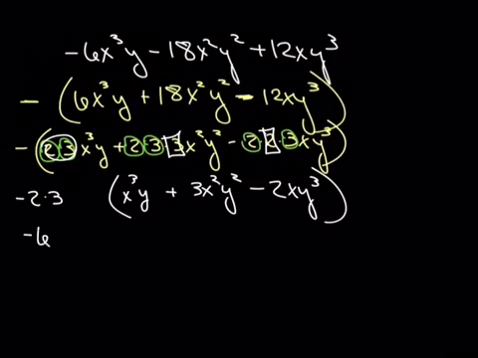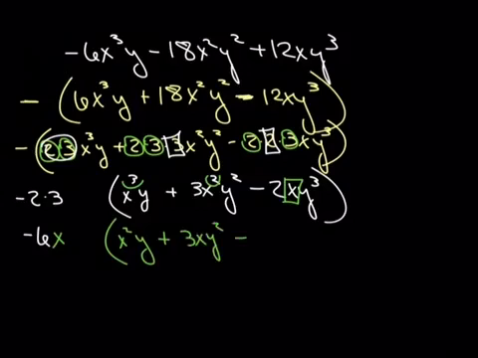All right, smallest variable. I've got an x cubed, an x squared, and an x. So the x has the smallest exponent. So I'm going to pull that x out, and I'm going to write what I have left. If I pulled an x out of the x cubed, I have x squared left. If I pull an x out of this one, I have 1 left. If I pull an x out of this one, I have none left.